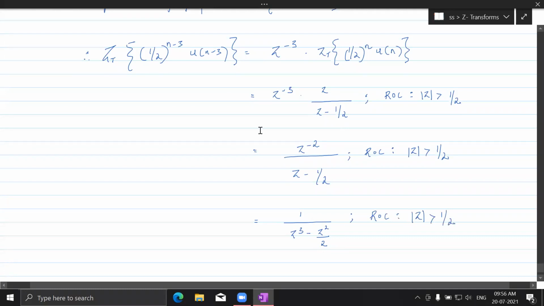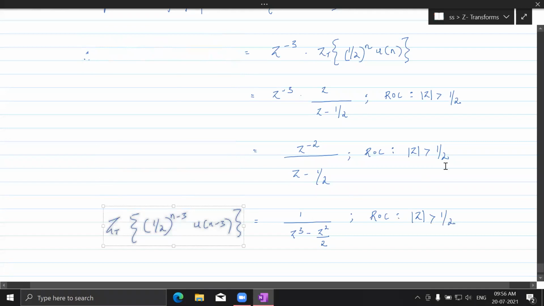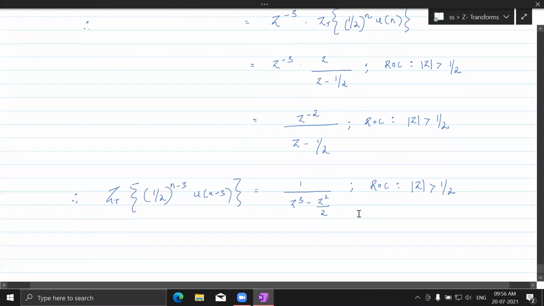So the Z transform of this is given by 1 by z cube minus z square by 2.